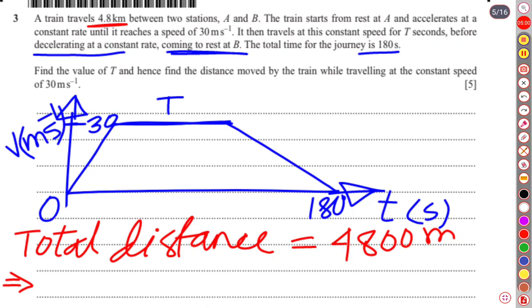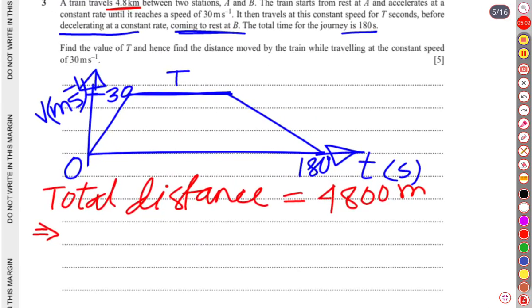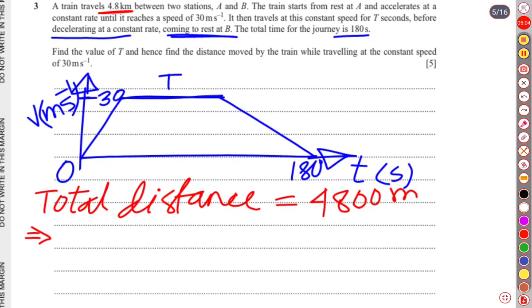Half of the sum of the parallel sides. One of the parallel sides has length t, and the other parallel side is 180. So t plus 180 is the sum of the parallel sides, into the height.